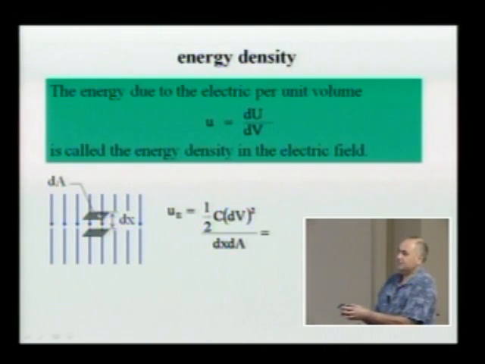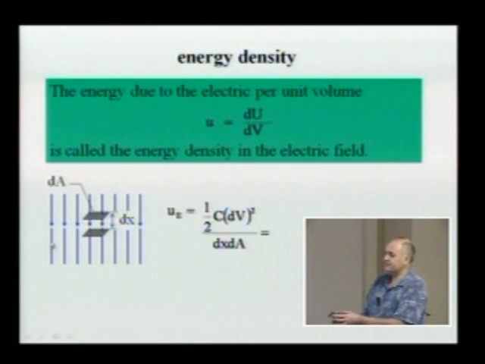Right, so it looks like a charged capacitor. So the energy stored in this capacitor is, I will take one of those three formulas, one half of the capacitance of the capacitor multiplied by the square of the potential difference between the two plates.